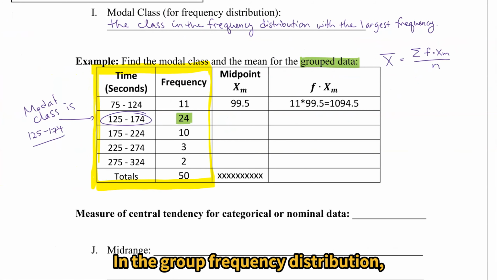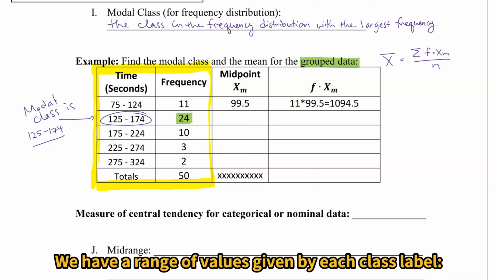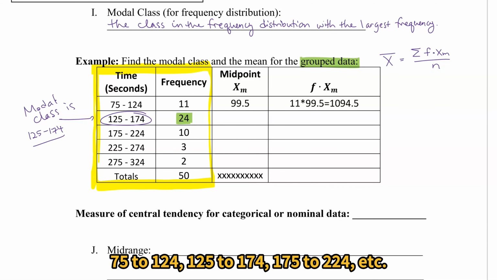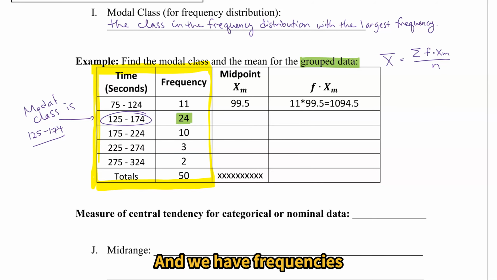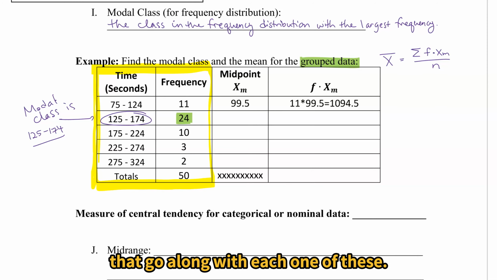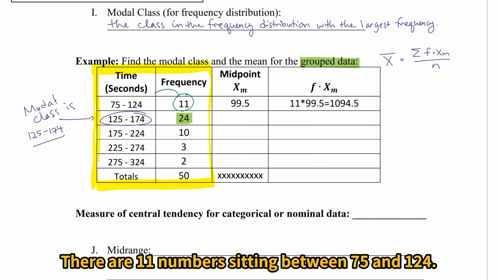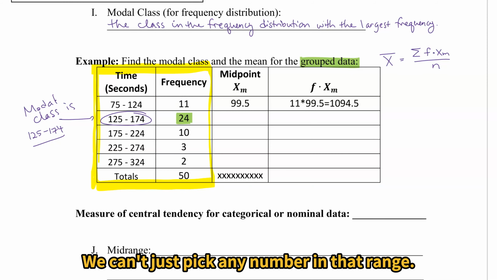In the grouped frequency distribution, we have a range of values given by each class label, 75 to 124, 125 to 174, 175 to 224, etc. And we have frequencies that go along with each one of these. There are 11 numbers sitting between 75 and 124. We can't just pick any number in that range.